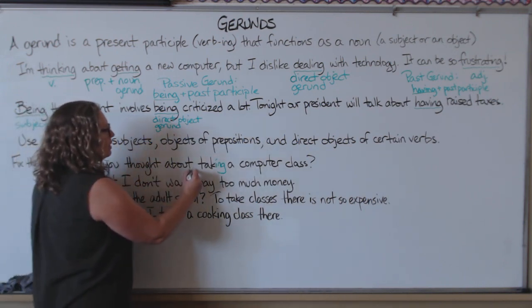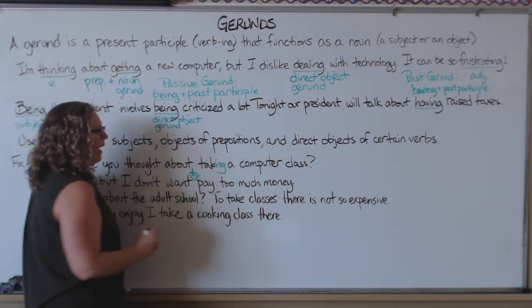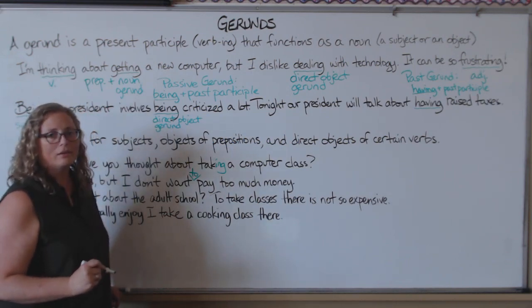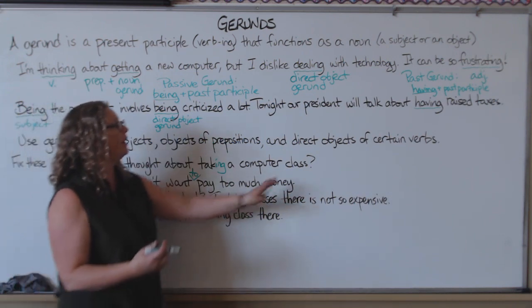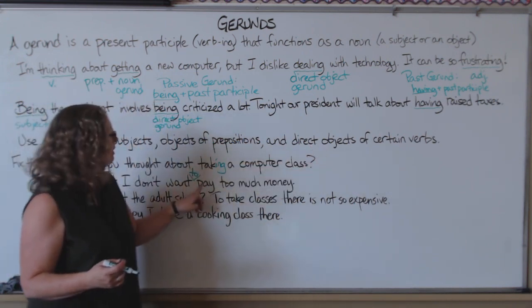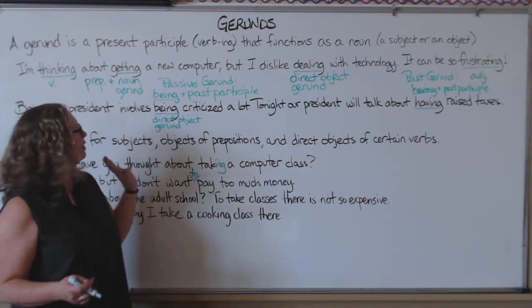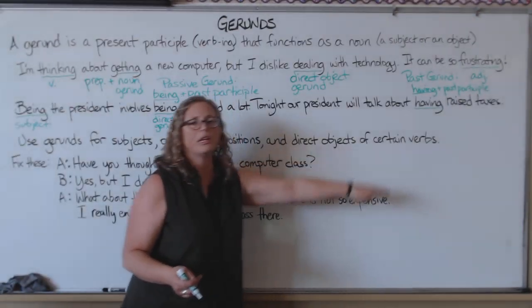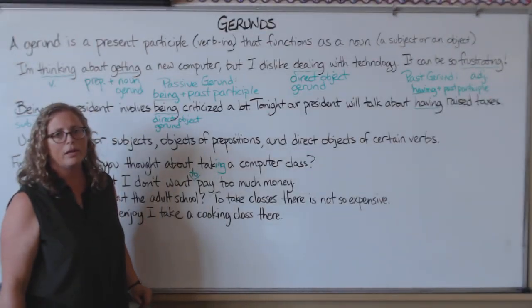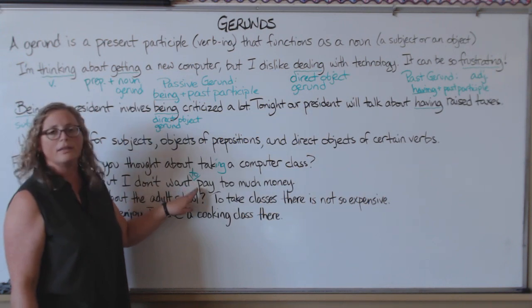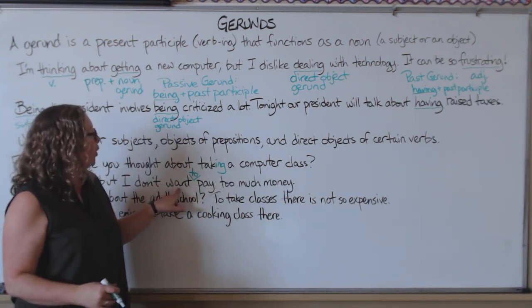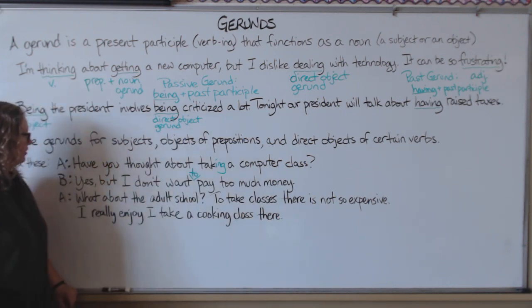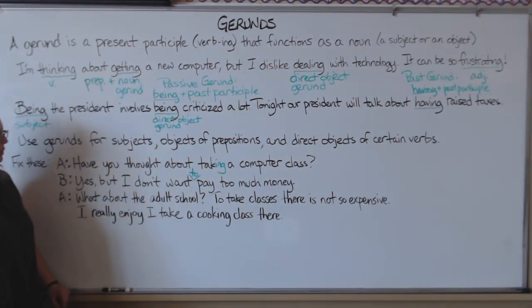I don't want to pay too much money. Okay, so don't think that just because it's a direct object, it's always a gerund. No, no, no. Certain verbs, not every. You need to learn which ones take infinitives and which ones take gerunds. Want takes infinitives. Okay, I don't want to pay too much money.